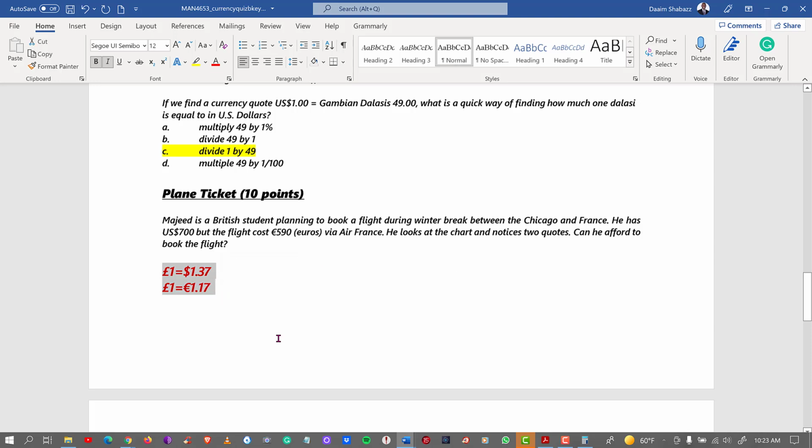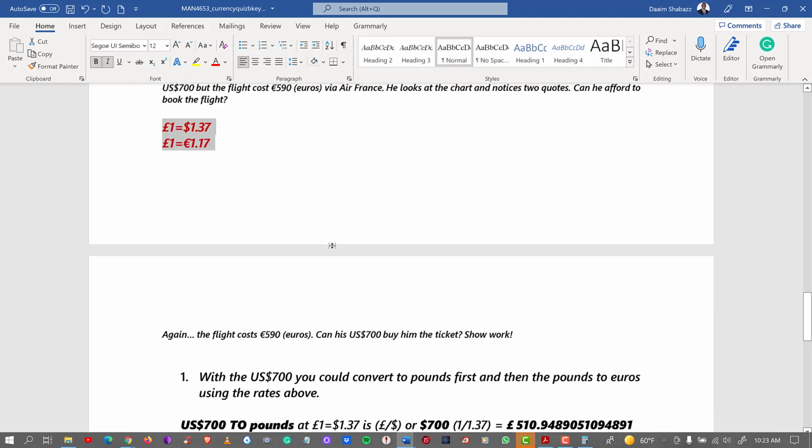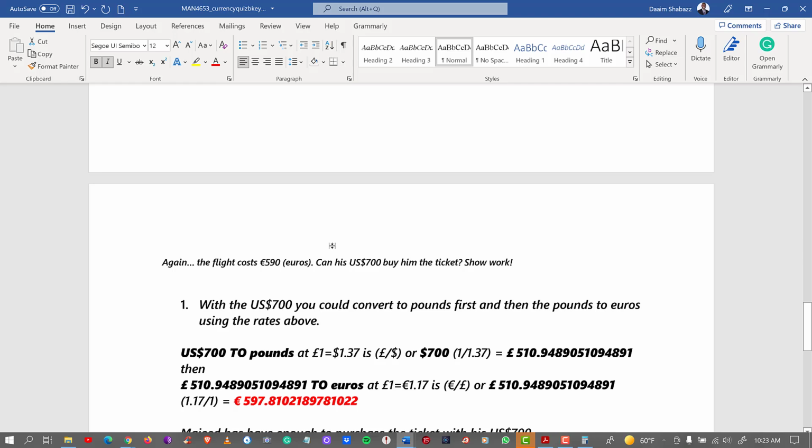The pound is the base quote. 1 pound equals $1.37, 1 pound equals 1.17 euros. So if these currency quotes are true, then $1.37 is equal to 1.17 euros. I believe that's the transitive property.